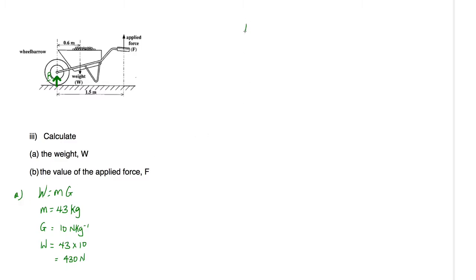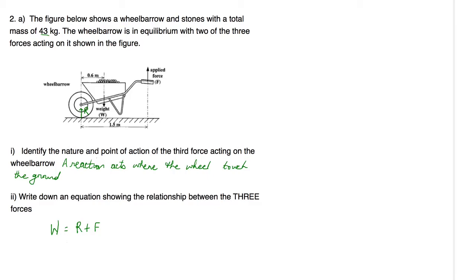Now on to part B. Part B says calculate the value of the applied force. So we want to calculate what is F. Now let's just bear in mind that there are two equations that we can use.